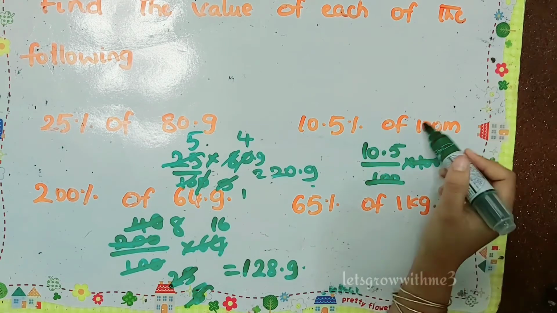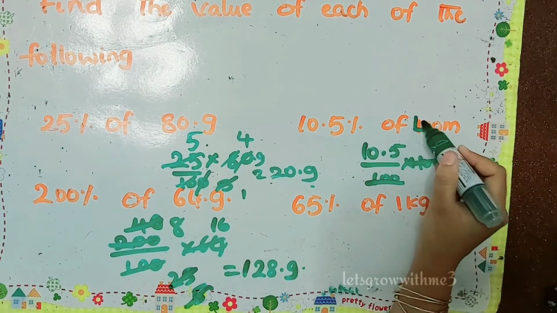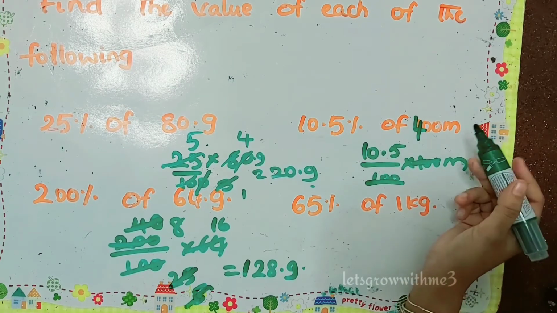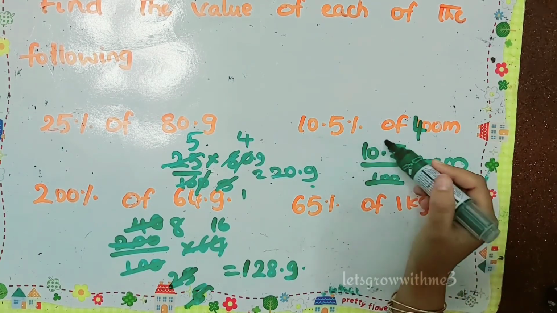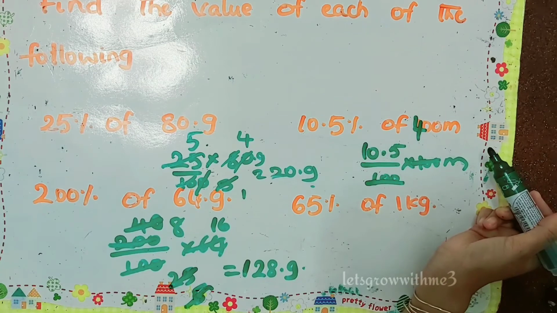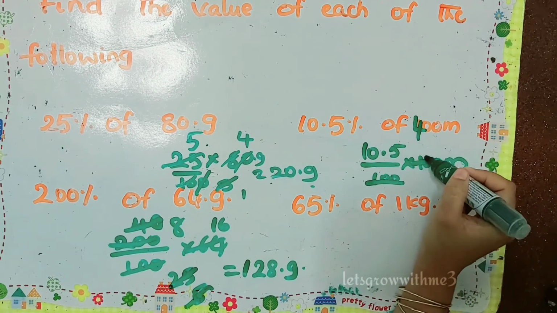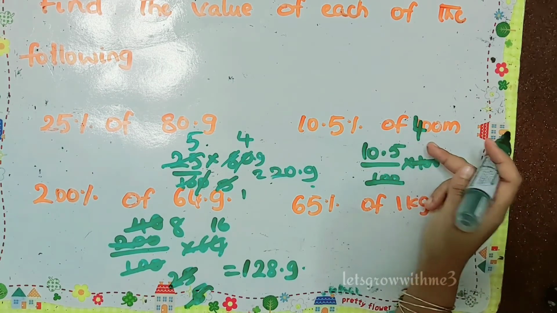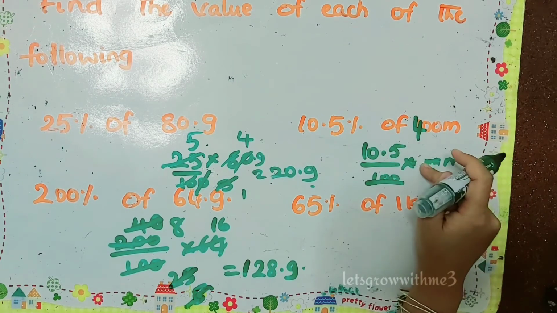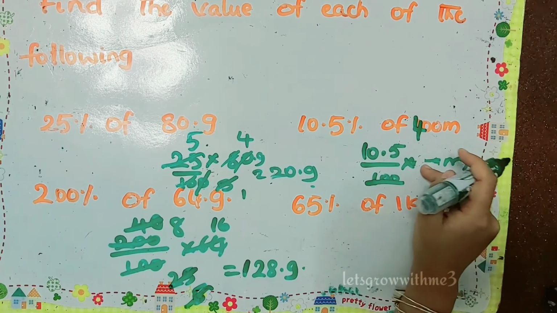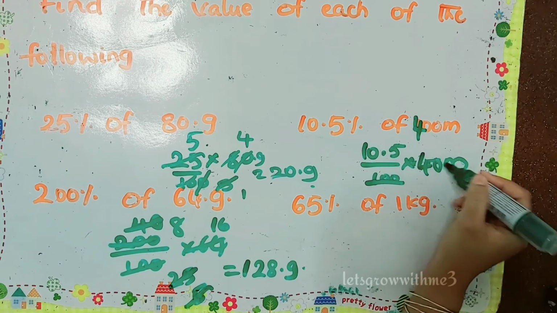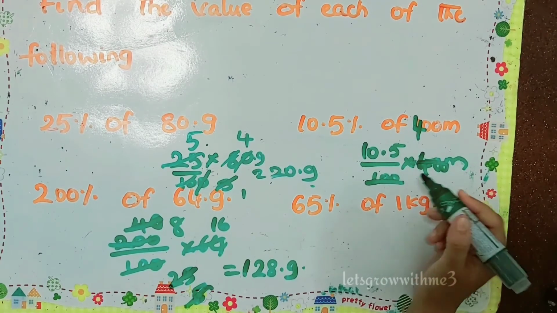So I'll change this question to 400 meters so that you can see the difference. Okay, because if I take 100 meters, then both are cancelled, and I'm getting 10.5 meters. So I will write it here as 400 meters. Then 400 over 100 means 4 times, right?